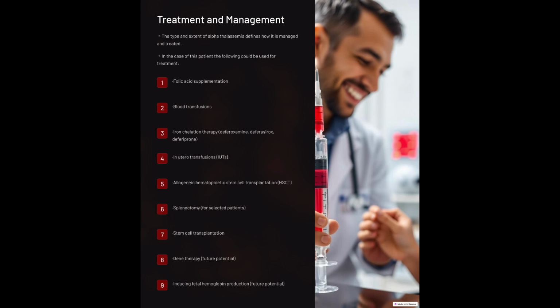Common treatments include folic acid supplementation, blood transfusions, iron chelation therapy like deferoxamine, deferasirox, or deferiprone, in utero transfusions, allogeneic hematopoietic stem cell transplantation, splenectomy, gene therapy, and inducing fetal hemoglobin production.